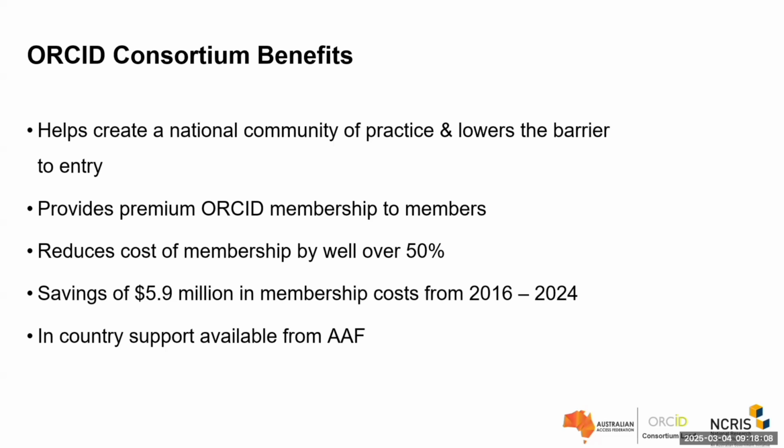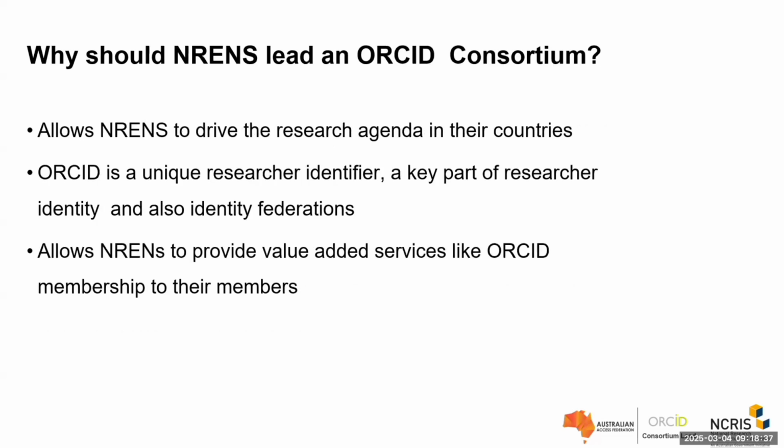Since 2016, I believe we have saved 5.9 million in membership costs for all our members. We also have in-country support available, which means we help our members with their integrations, testing, communications, etc. So that's the benefit of running your own consortium in your country.